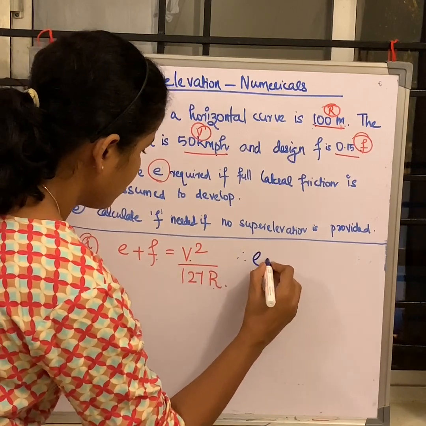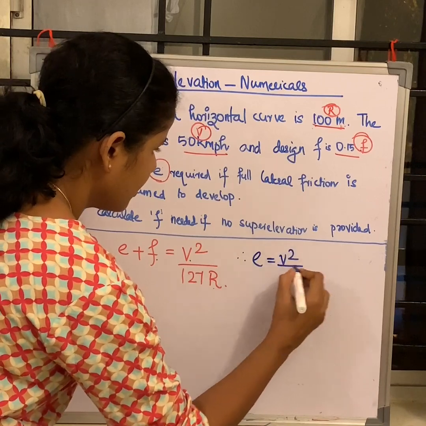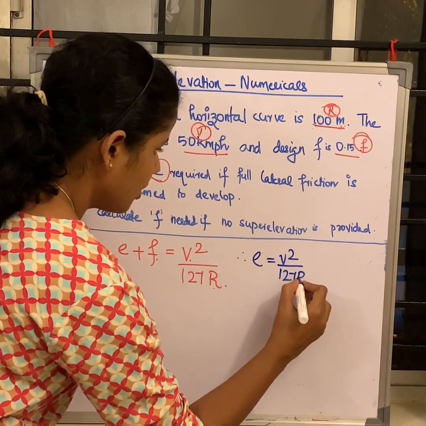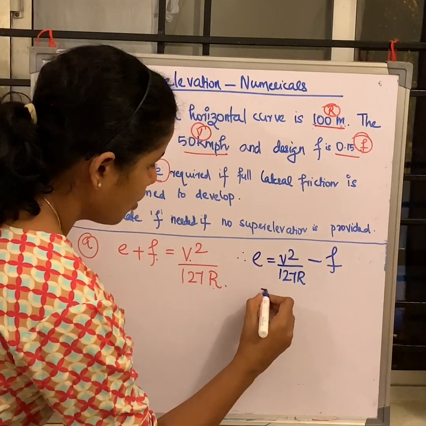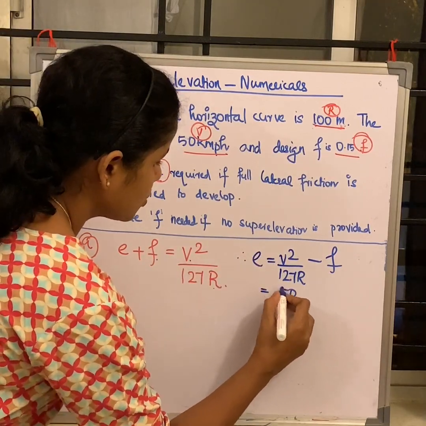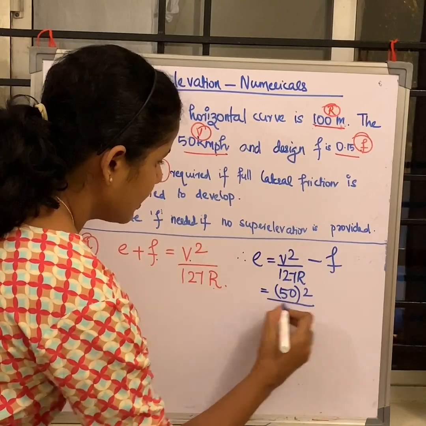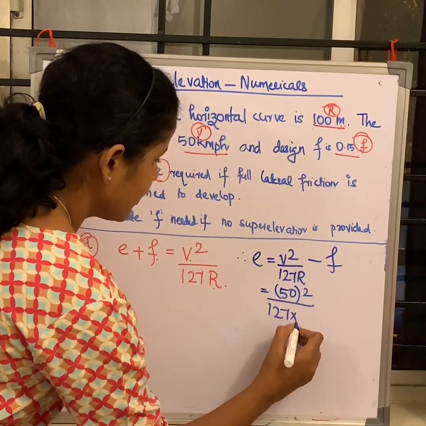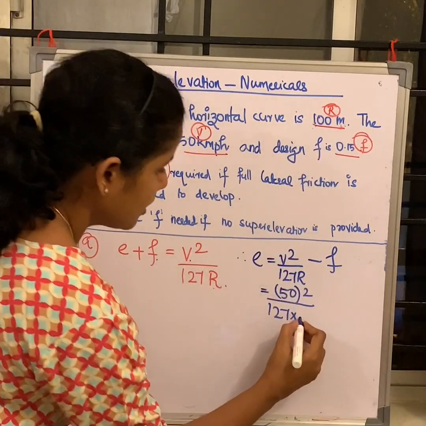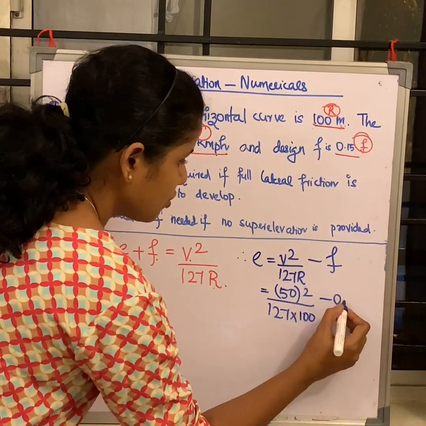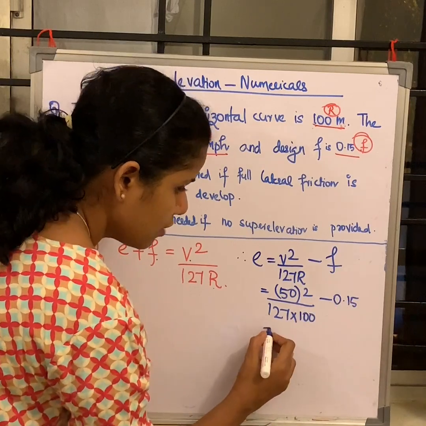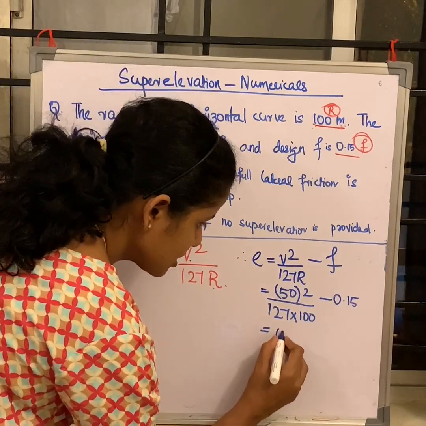Therefore, e is equal to V square divided by 127 R minus f. I am just taking f to the other side. V is 50 kilometer per hour, so 50 square divided by 127 into radius 100 meter. No need to change the unit. Minus the coefficient of friction 0.15. If you do so, you will get an answer.